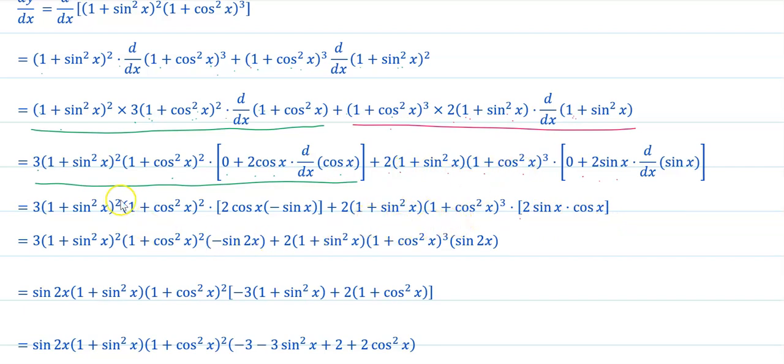Okay. Now the next. See this here. 3, 1 plus sin square x bracket square, 1 plus cos square x bracket square. Now what about here? The derivative of cos x is a minus sign. That is you have 2 times cos x into minus sin x.